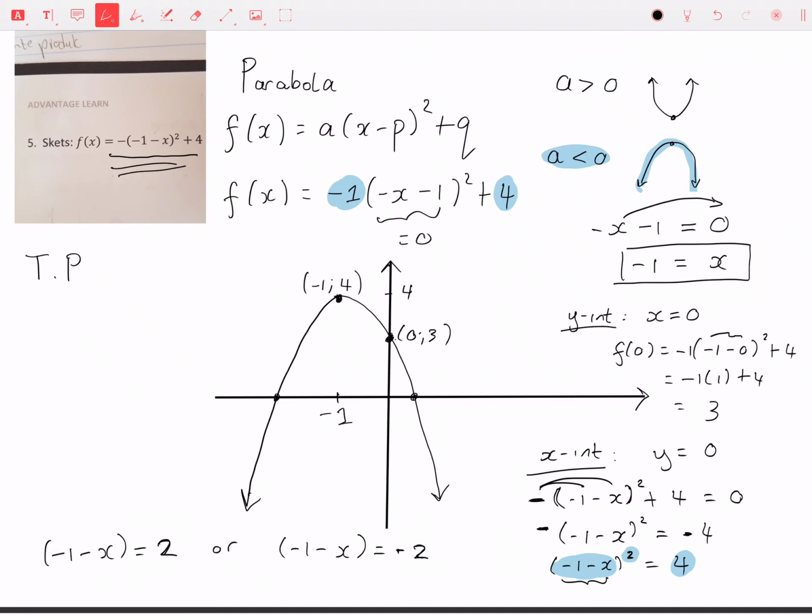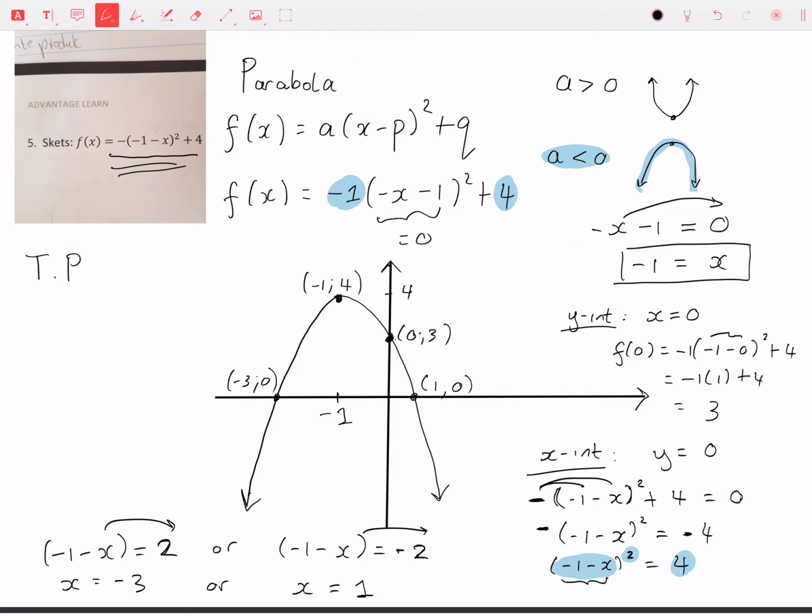Then solving for x here, I bring the 2 across and I get negative 3. Or again, bring it that side, x equals 1. So here are my x-intercepts, 1, 0 and negative 3, 0. So that is the full sketch of this parabola. That is how we draw this function.